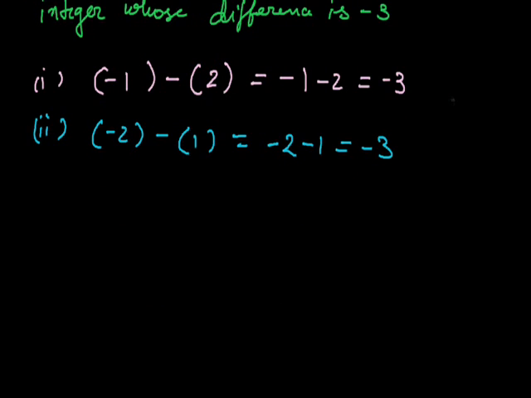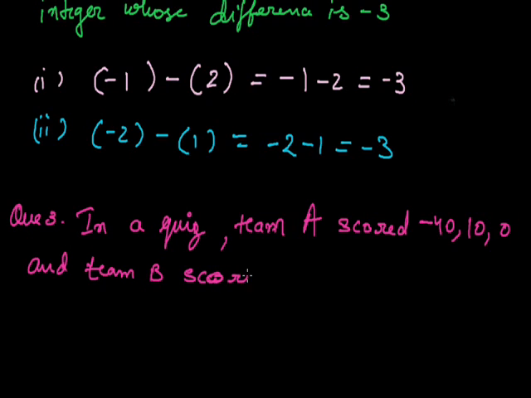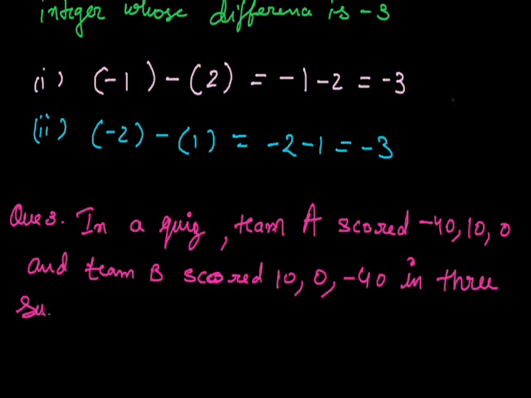Now the third question: in a quiz, Team A scored -40, 10, 0, and Team B scored 10, then 0, then -40 in 3 successive rounds.